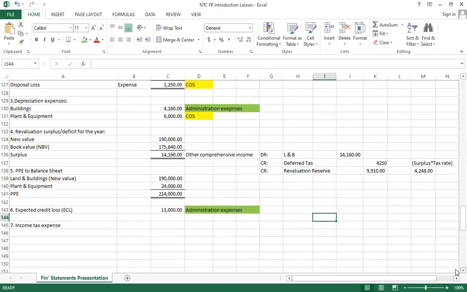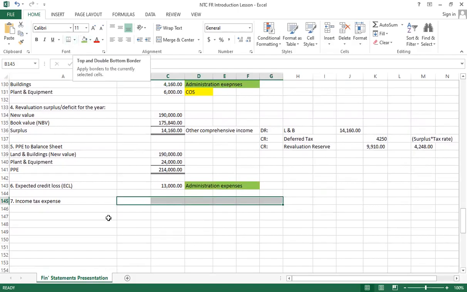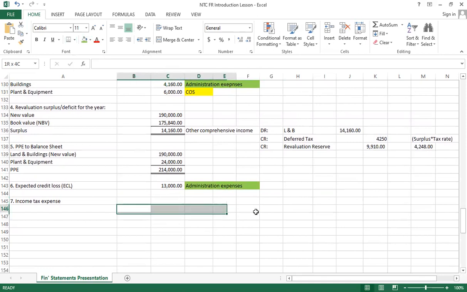And if that is the case, what I want us to do next is prepare an account for taxation.